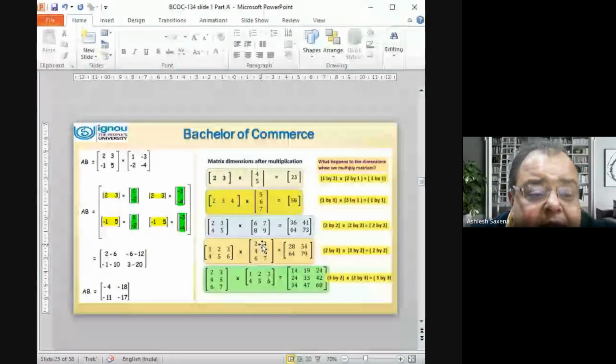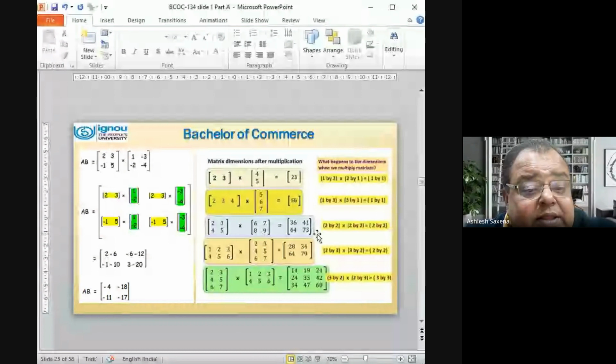When you are multiplying a 1 by 2 matrix by a 2 by 1 matrix, your answer will be a 1 by 1 matrix. And when you multiply a 3 by 2 matrix by a 2 by 3 matrix, your answer will be a 3 by 3 matrix. See how we get this.